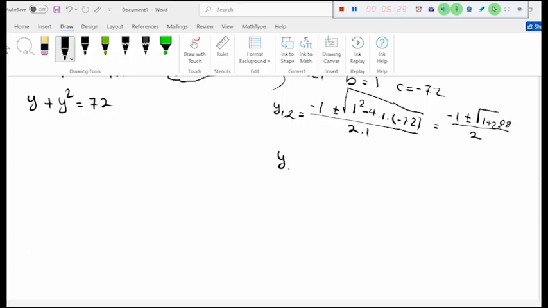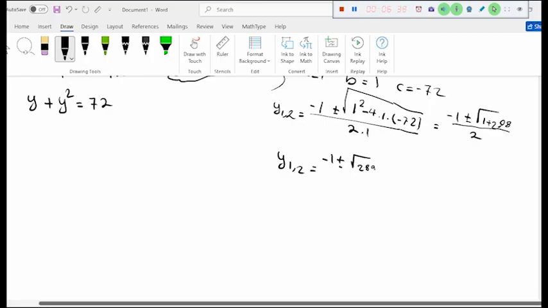Then y1,2 is equal to minus 1 plus or minus the square root of 289, over 2. The square root of 289 is 17, so minus 1 plus or minus 17.